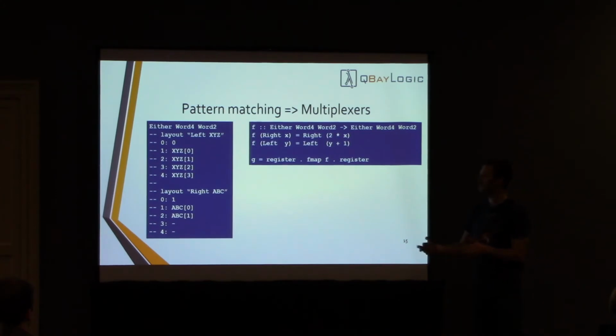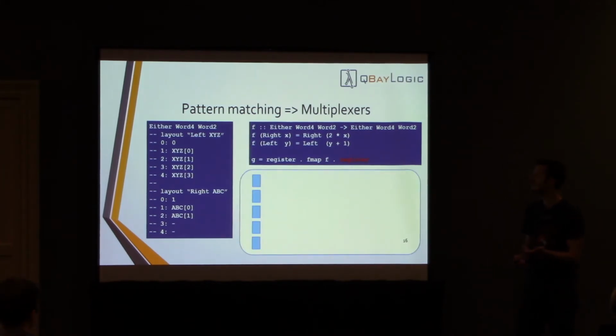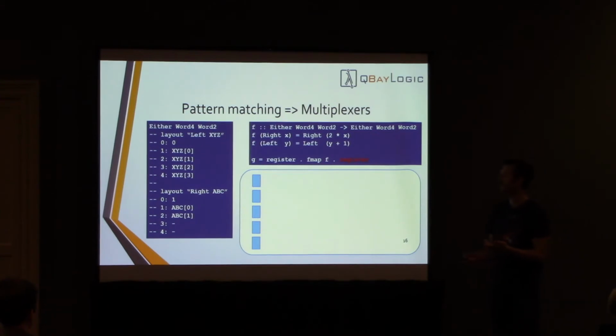So let's say we have a function f that, if it gets a right, multiplies by 2, and if it gets a left, adds 1. And then we have registers with f in between. So let's say we implement registers. You get 5 registers.